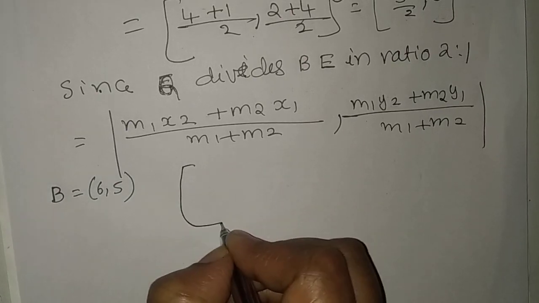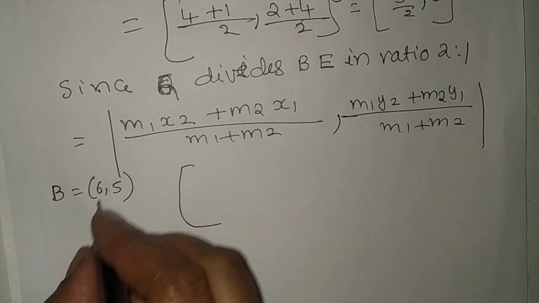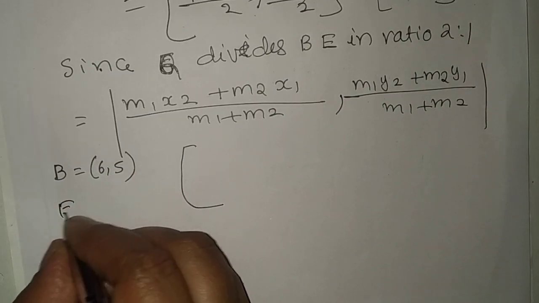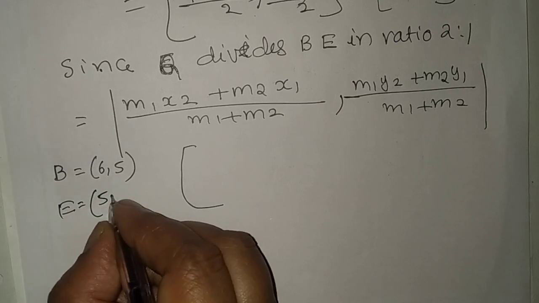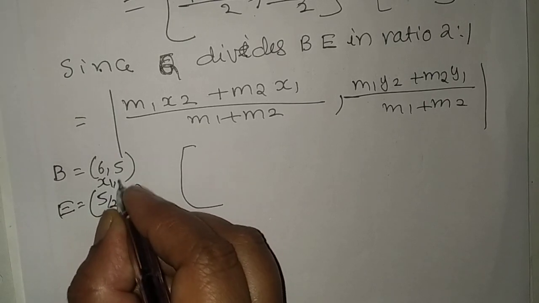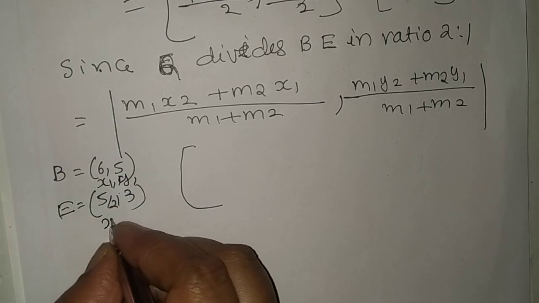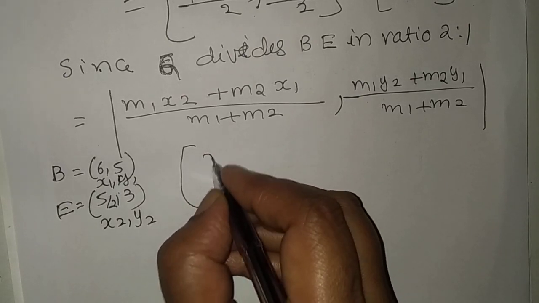Now E we got in the previous step, that is E is equal to (5 by 2, 3). This is x1, y1, x2, y2. So now substitute the values.